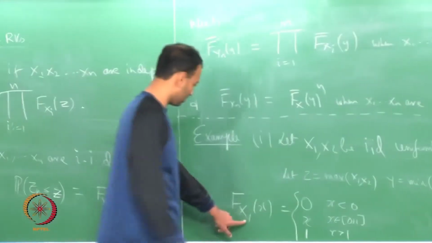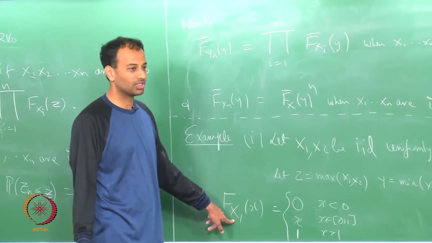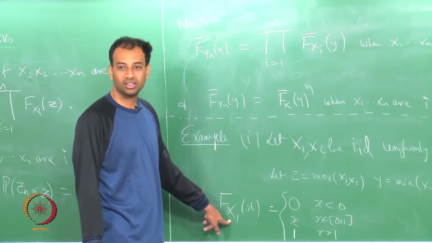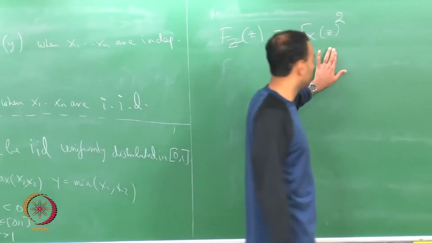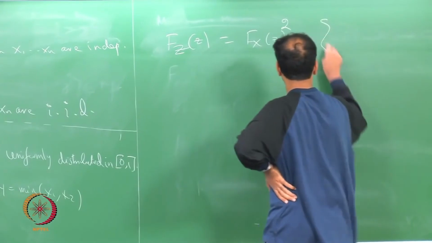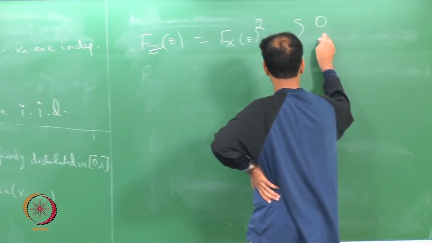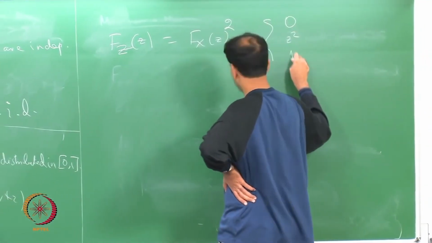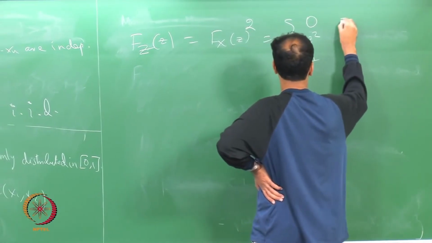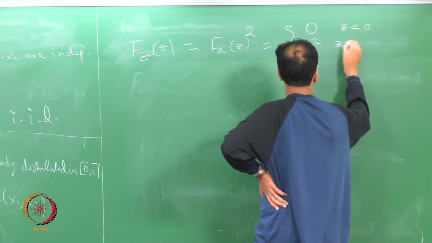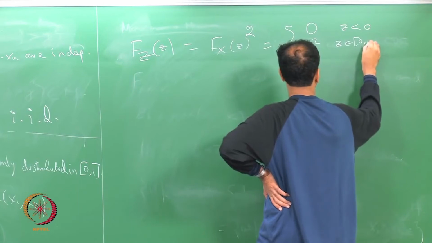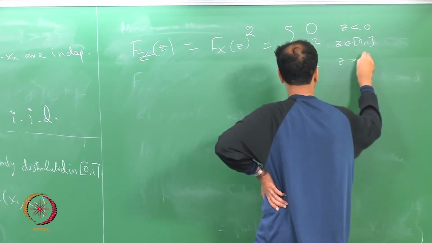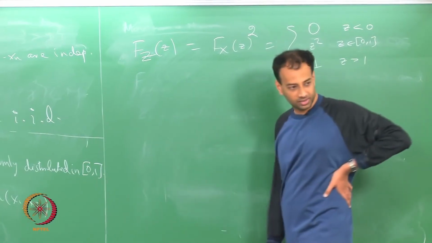By F x I mean either F x 1 or F x 2, they are both the same. So, this will be equal to 0, z squared or 1 depending on whether z is less than 0, z is in 0 1 or z is bigger than 1, correct.